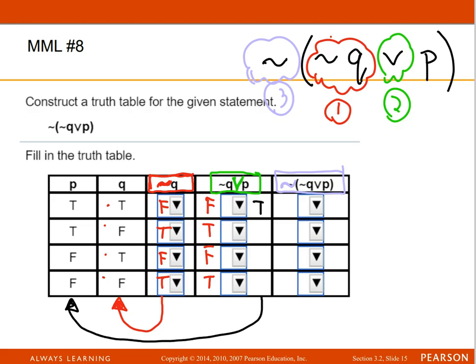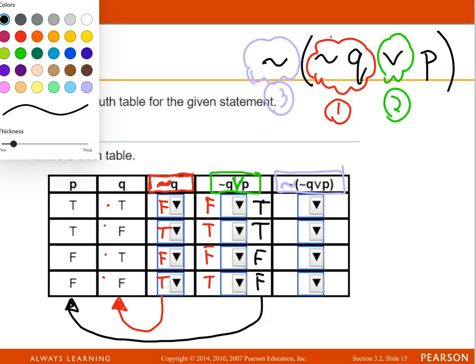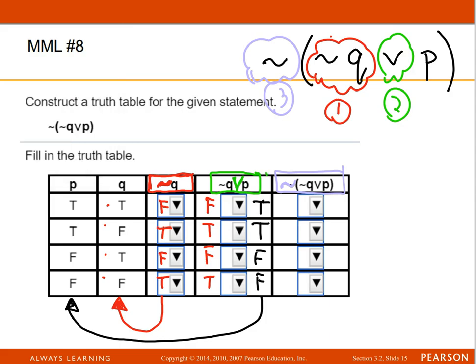It goes true, true, false, false. And so it just makes it easier on my eyes so that when I'm doing this, I only have to look at this box and be like, okay, I've got false or true. And then I've got true or true. And I just go down the line.